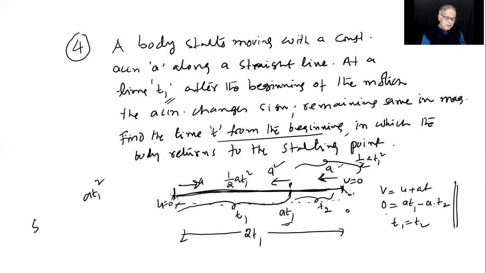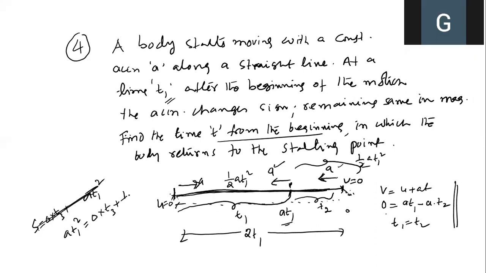So I can write s equals 0 into some t3 plus half a t3 squared, with s equal to half a t1 squared.